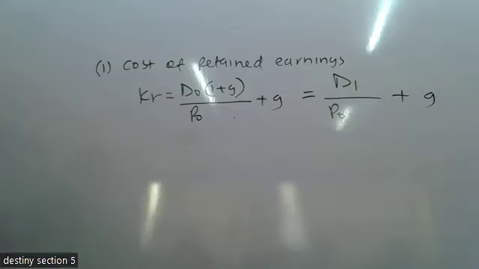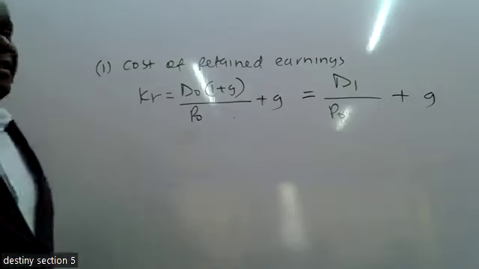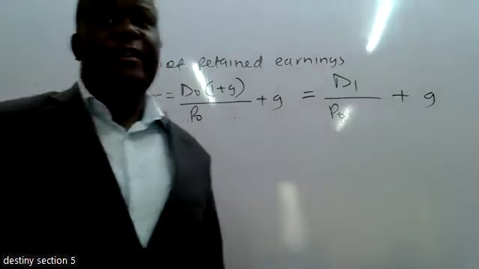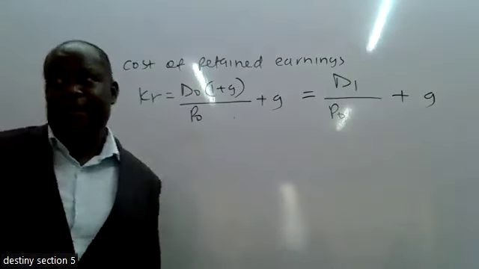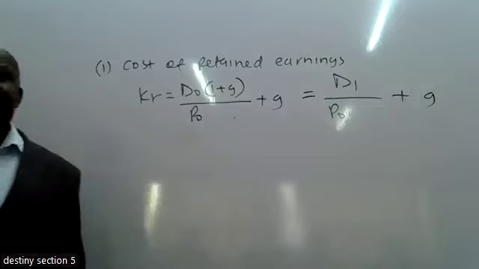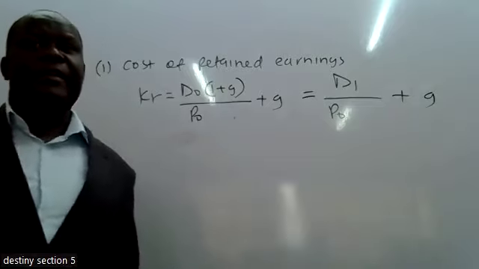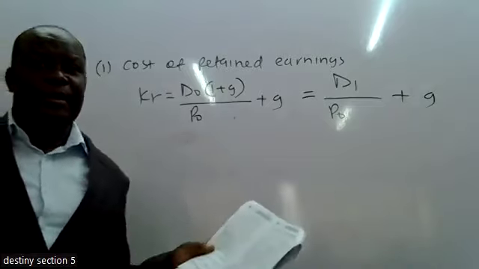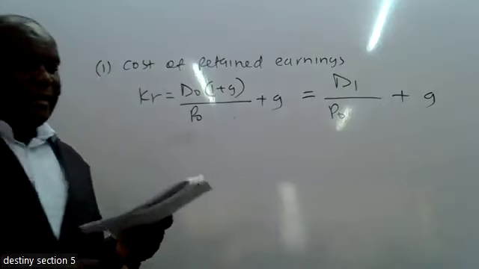One thing I would like you to remember, D1 is the next dividend to be paid. D0 is the last dividend that was paid. So you follow the pattern.